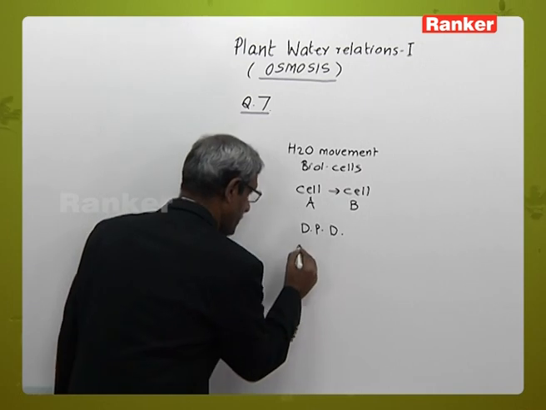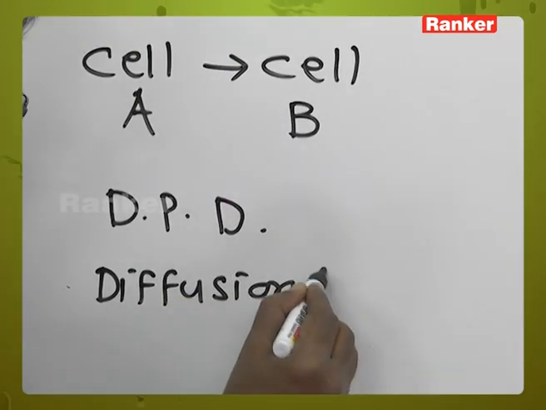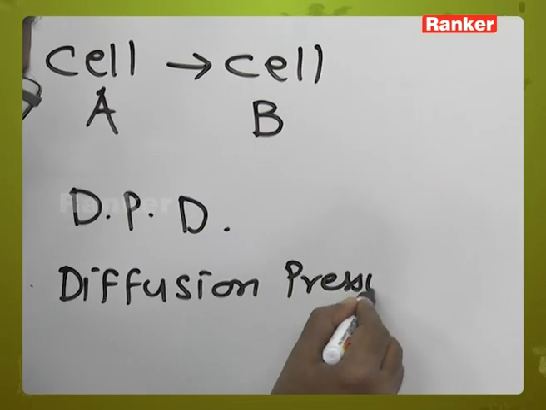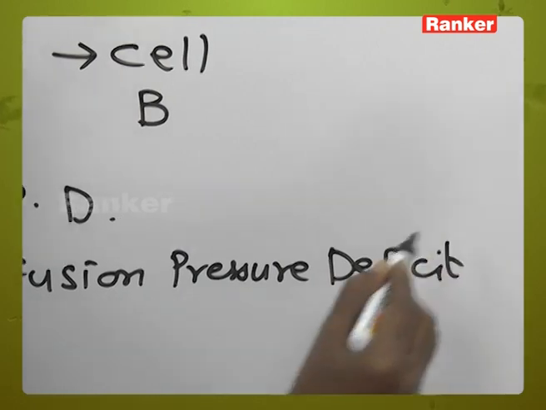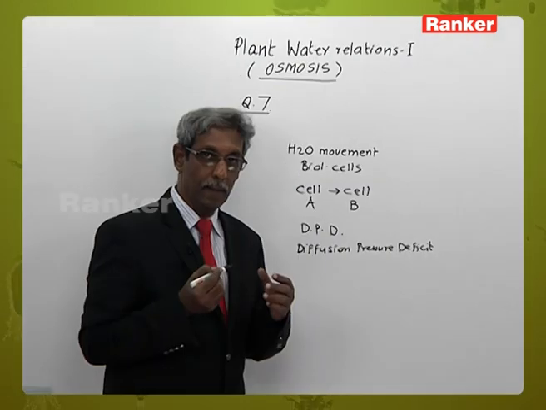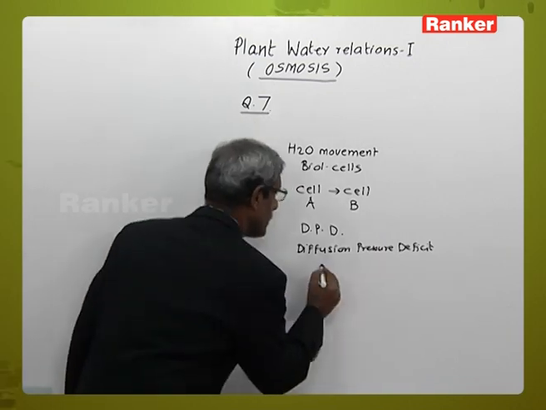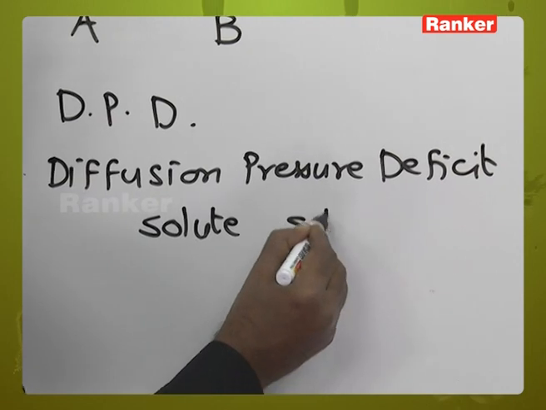Now, diffusion pressure deficit is the variation in the pressure for diffusion between the solute and the solvent.